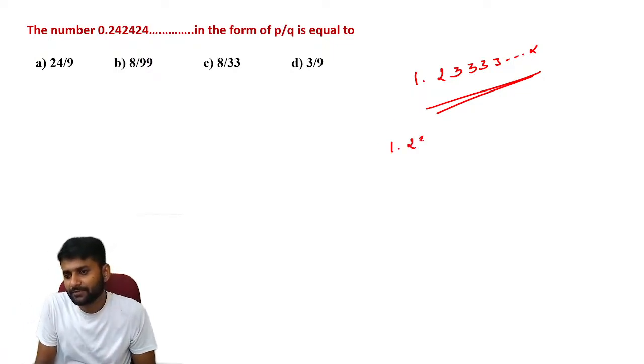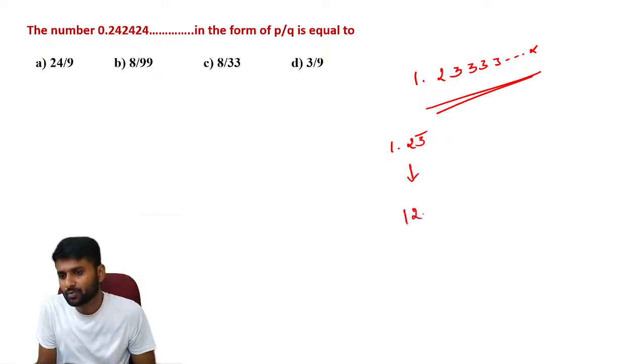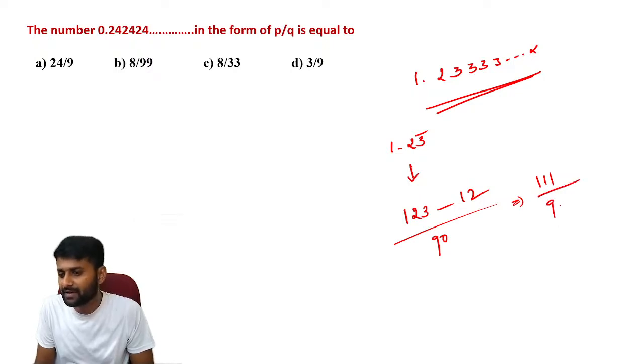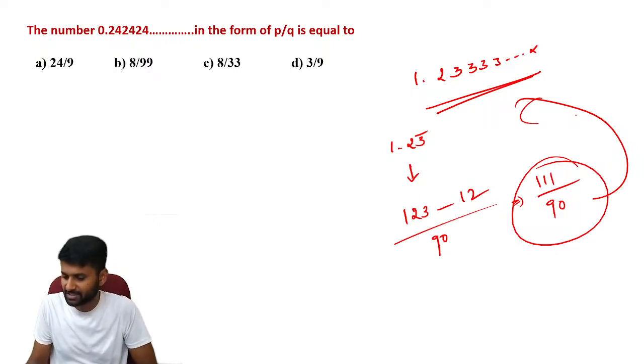Here you can take it as 1.23 bar only. Here the entire number is 123 and the no-bar value is 12. After the decimal, as I clearly mentioned a few minutes back, each bar digit represents 9 and each no-bar digit represents 0. Here the final answer is 123 minus 12, which is 111, divided by 90. That gives the value of 1.2333.